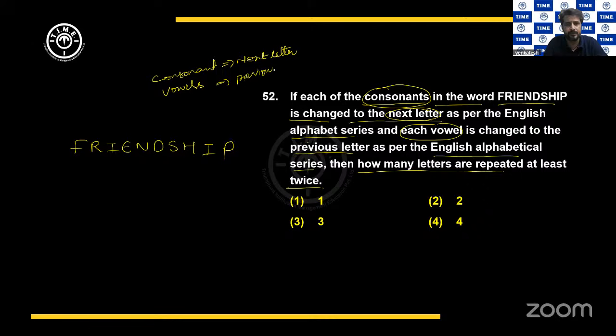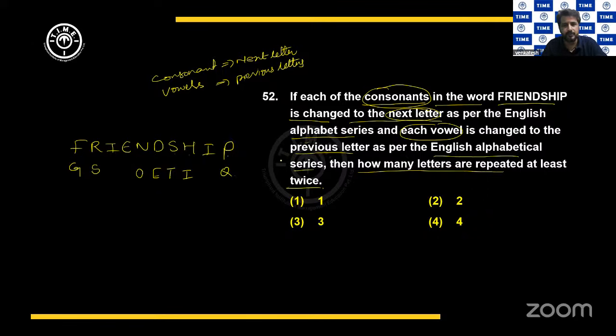Friendship, consonant next letter: F, G; R, S; N, O; D, E; S, T; H, I; P, Q. Consonants are replaced by next letters.